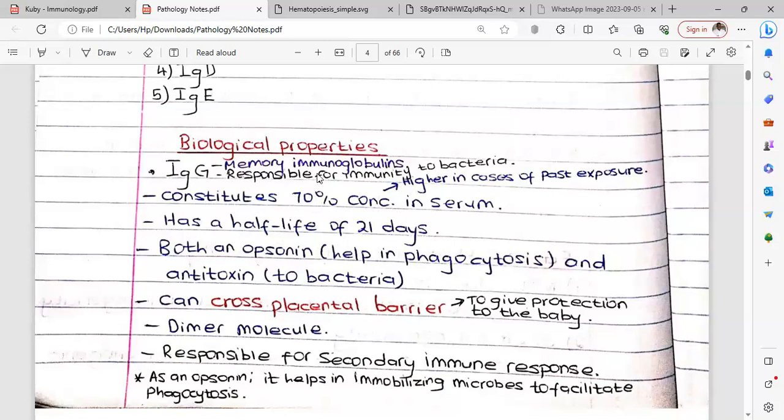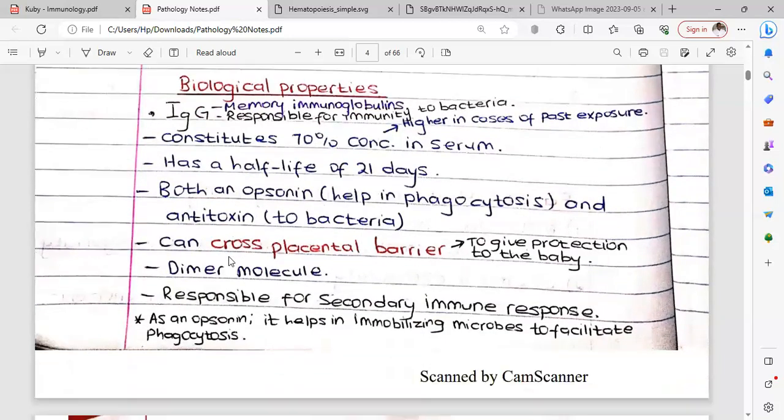It's also referred to as the memory immunoglobulin, and is responsible for immunity to bacteria. It acts both as opsonin and antitoxin. I've seen in one of the MCQs that IgG is the one that acts both as an opsonin and antitoxin.